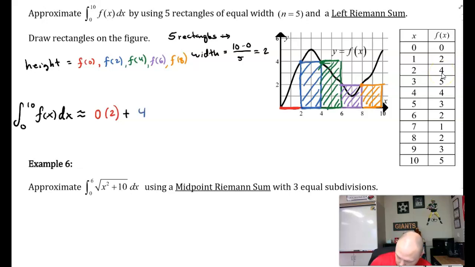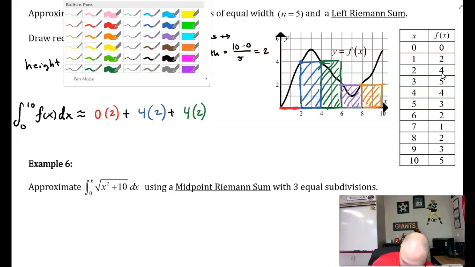So I can say 4 times 2, plus the height of f of 4, which is also 4, times 2. The area of a rectangle is just height times width.